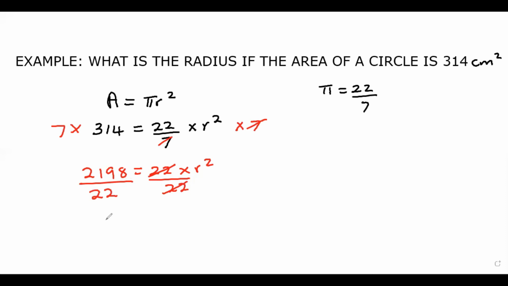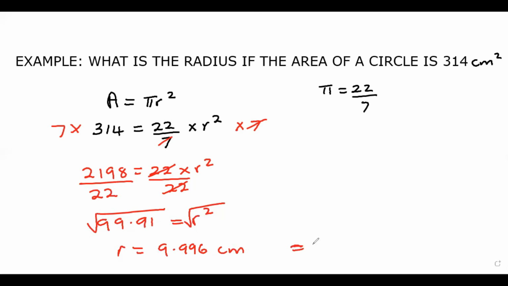So we're going to get 99.91 is equal to r squared. In order to get r by itself, we have to find the square root of both sides. So that means the radius is equal to 9.996 centimeters. I guess you could round it off to approximately 10 centimeters. And that would be an answer.